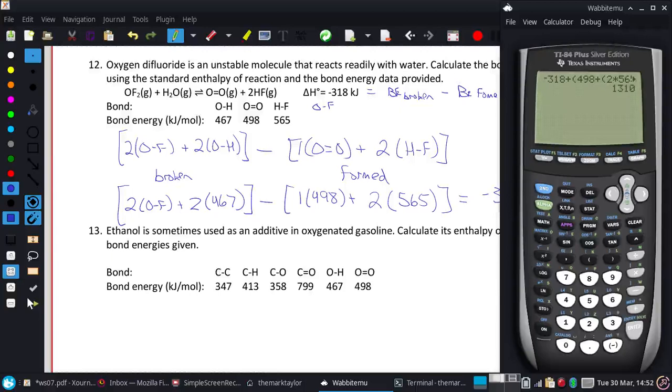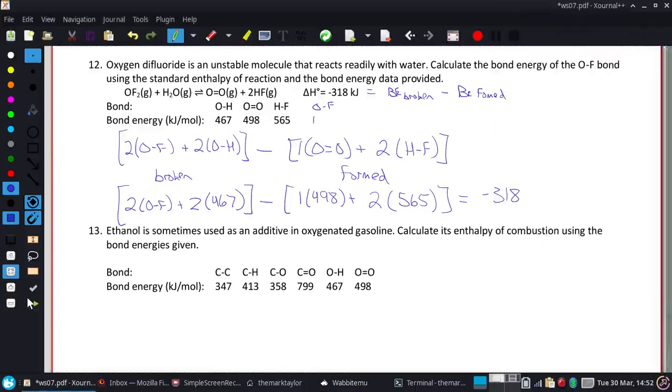And now I'm going to subtract 2 times 467. And that should be 2 OF bonds, so I'm going to divide that by 2. And I get that the OF bonds are 188 kilojoules per bond.